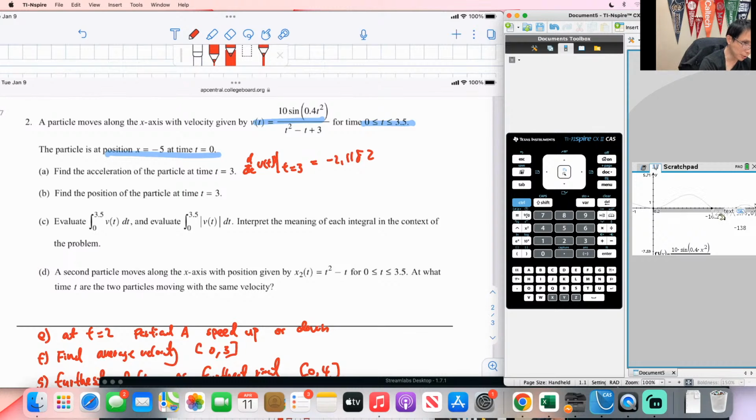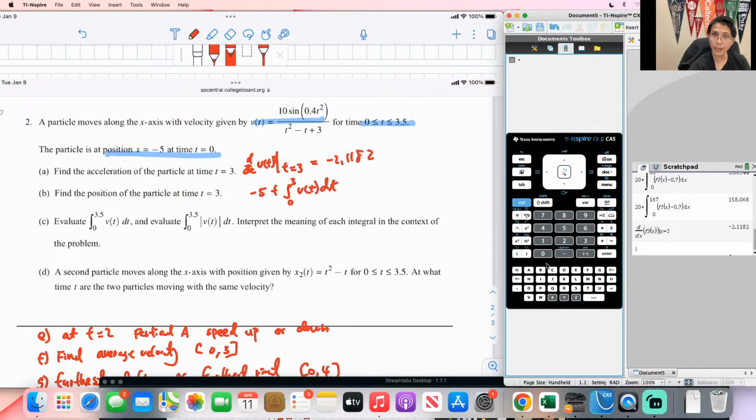Now, how do I find the position at t equal to 3? Integral from 0 to x. But you have specific x values, so you can just do the integral from 0 and then plug in. What do you do about the initial condition? You subtract the initial one. So what you're going to do is go to tab here, and take an integral. Shift plus, between 0 to 3.